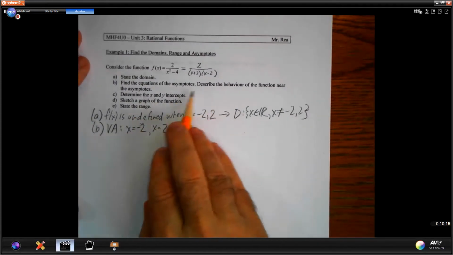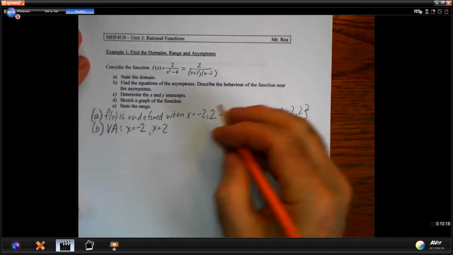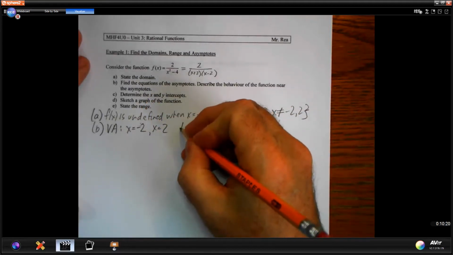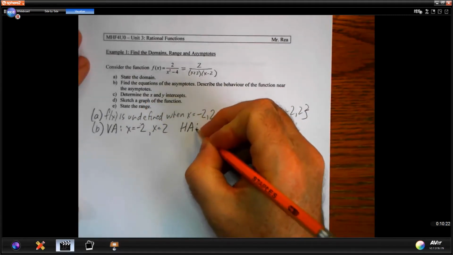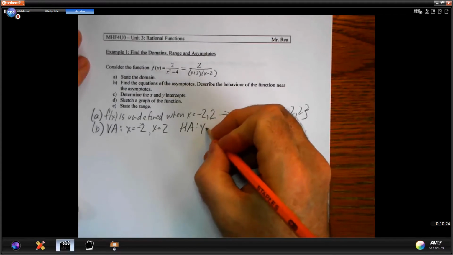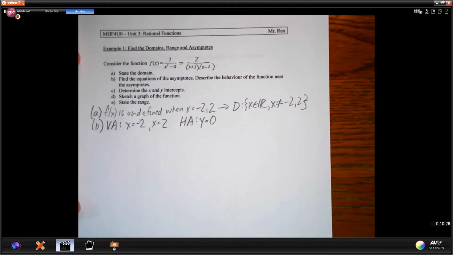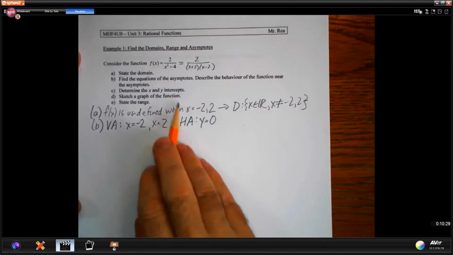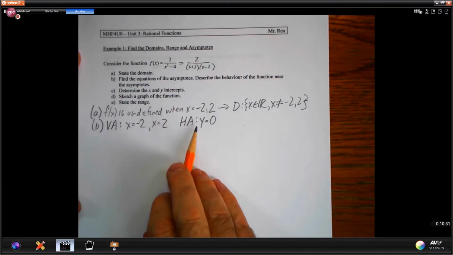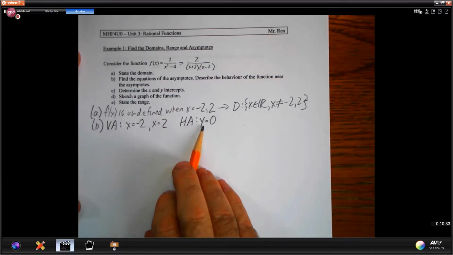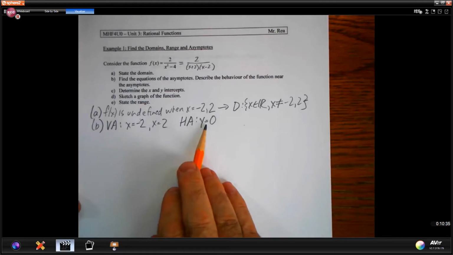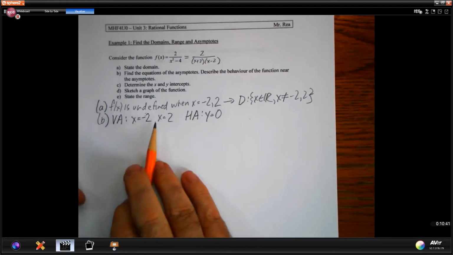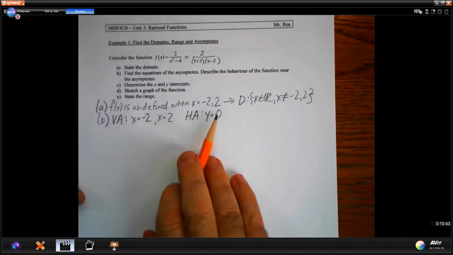And it's asking about all the asymptotes, so we're also going to mention that there's a horizontal asymptote. And again, just like the last lesson, in these two cases, reciprocal of linear and reciprocal of quadratic, there's always going to be a horizontal asymptote along the x-axis, or in other words, where y equals 0. Okay, so we've got three different asymptotes, two vertical and one horizontal.